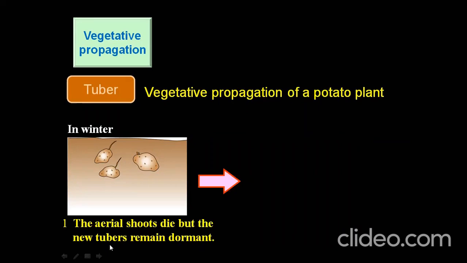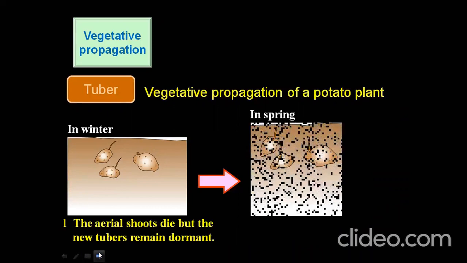Remember, the tuber here is this new potato that will remain inside the soil and remain dormant. From this tuber, a small outgrowth will come out, this is called an eye, that will convert into a new plant, right?